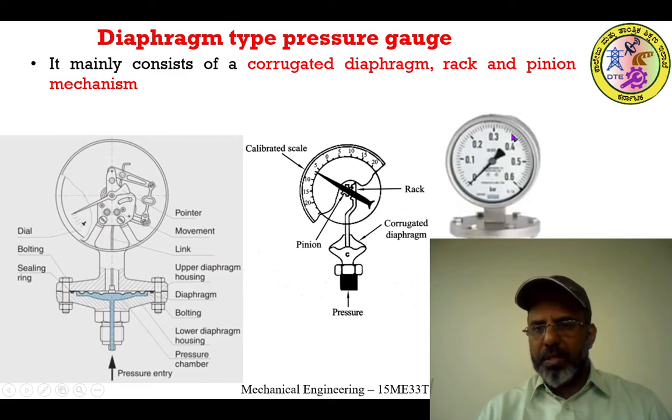Here this is the picture. This pointer is connected to the pinion, and you can see the mechanism here. From the exam point of view, we just refer to this sketch, this schematic diagram.